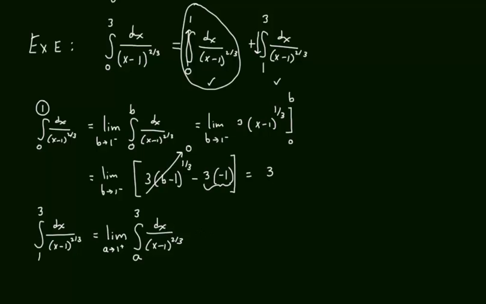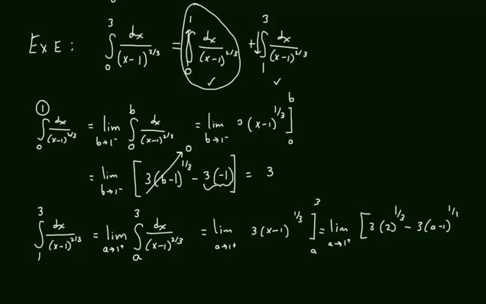Alright, the antiderivative is the same, so that helps with a little bit of work there. And so we have 3 times (x minus 1) to the 1/3, and we're going to take that from a to 3, and that's going to come out to be the limit as a approaches 1 from the right of 3 times 2 to the 1/3, when I plug in the 3, minus (a minus 1) to the 1/3.